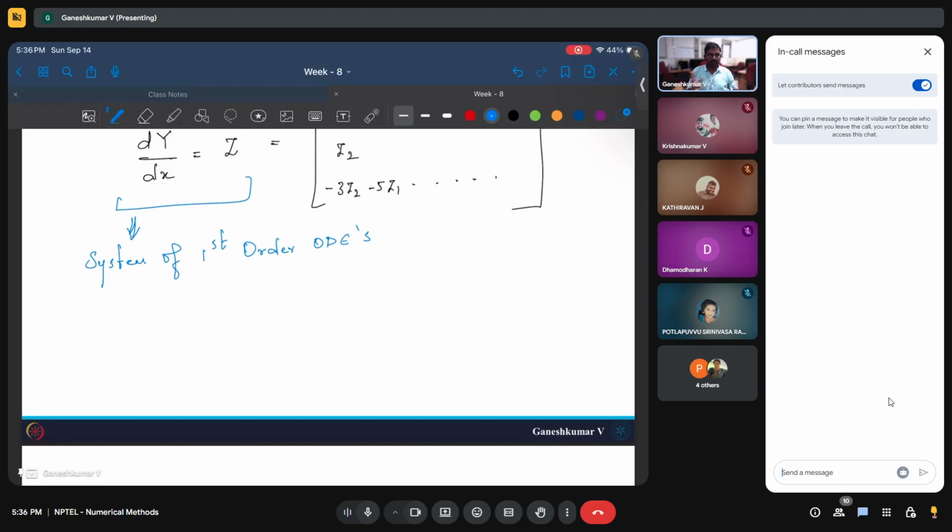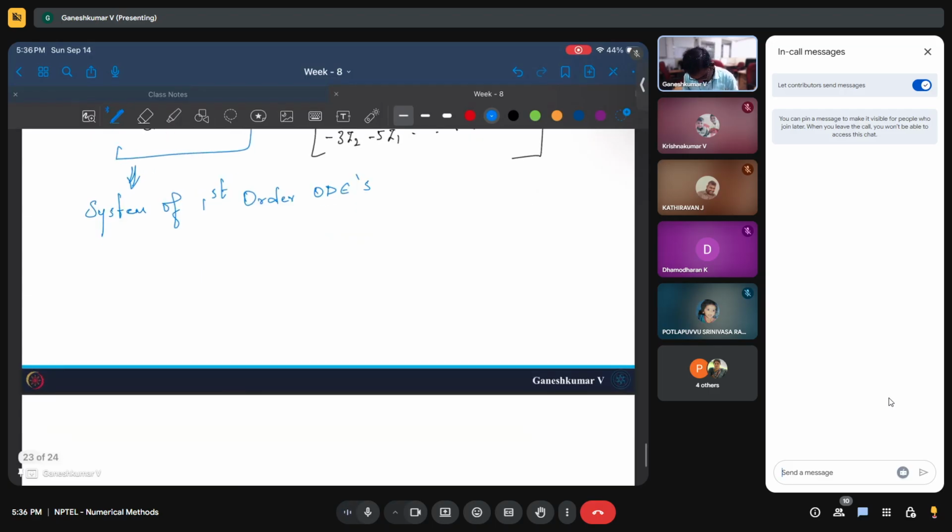Okay, now let's say you want to apply a Euler method to solve this. How would you apply Euler method? So what is Euler method? We have y, now everything will be a vector now. So y1 is equal to y naught plus h into some function of x naught and y naught, is what we write, right?